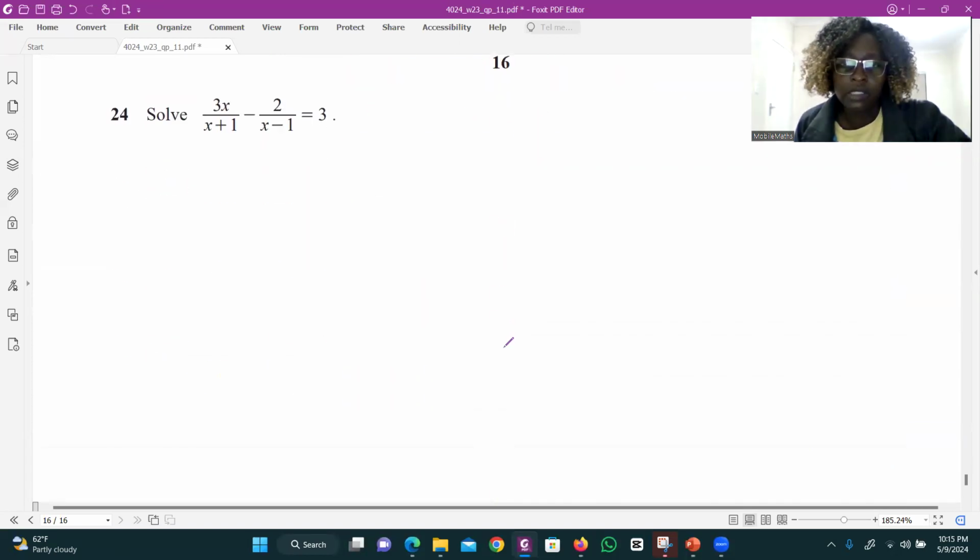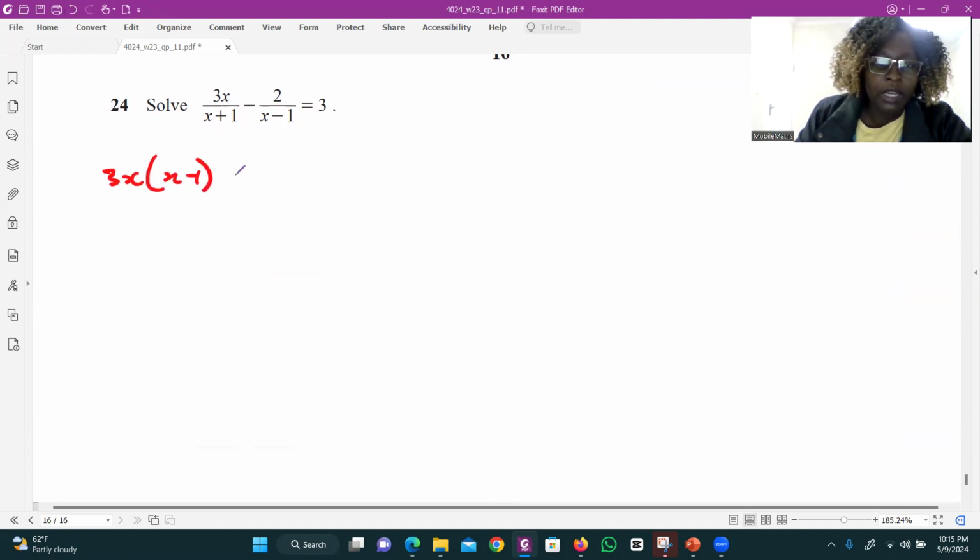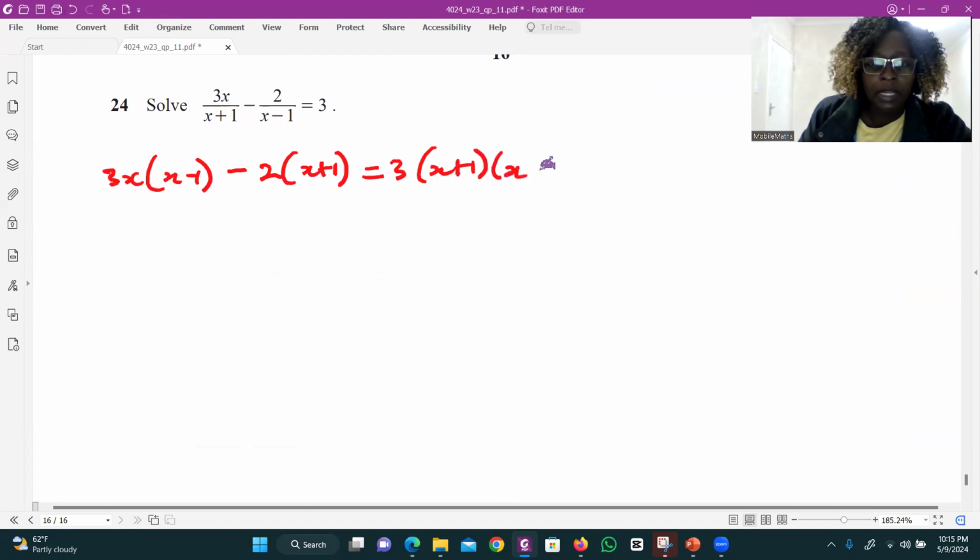Let's go to the last question for the day. Here, I can multiply everything with this, and then I'll multiply everything with this, then we can solve the equation. So let's solve it. Multiplying 3x by x minus 1, then minus 2 by x plus 1, is equal to 3. I multiply by x plus 1 by x minus 1.